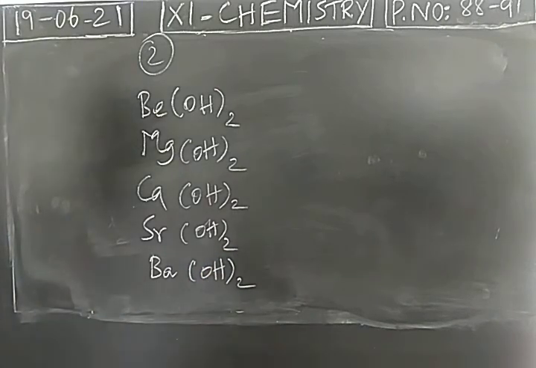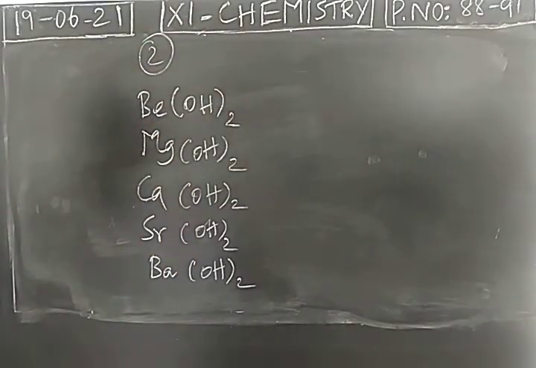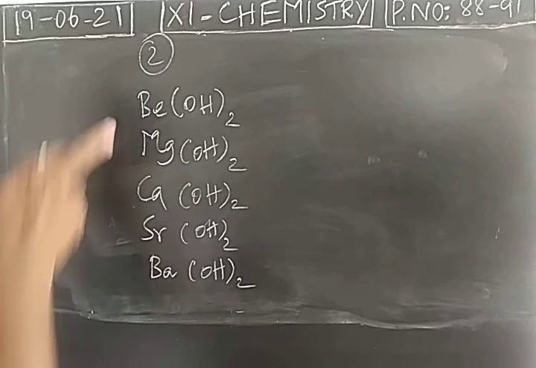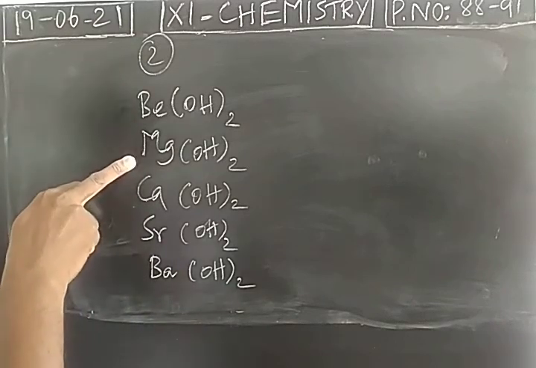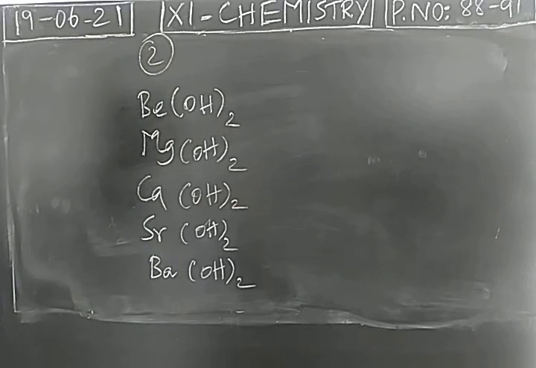Top to bottom in a group, ionization potential decreases. That means basic nature has to increase. Size increases. Comparing beryllium, magnesium is larger in size. Comparing this, calcium is larger in size. So the basic nature of hydroxide will increase from top to bottom in group number 2.